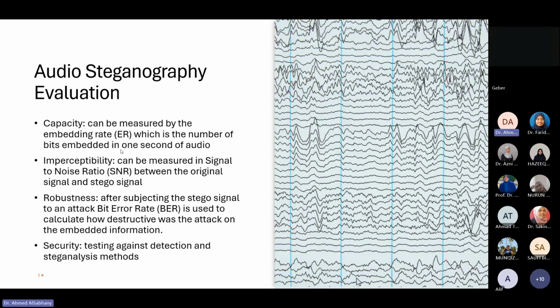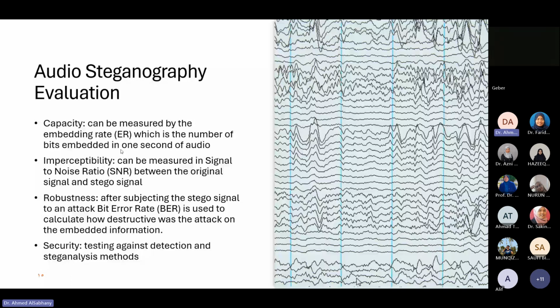Regarding the imperceptibility, it can be measured using the signal to noise ratio, or the SNR, between the original signal and the stego signal. So basically all the quality metrics can be used to measure the imperceptibility. However, to measure the robustness, we have to subject the stego signal to a type of attack, such as noise addition, compression, low pass filtering, and so forth.